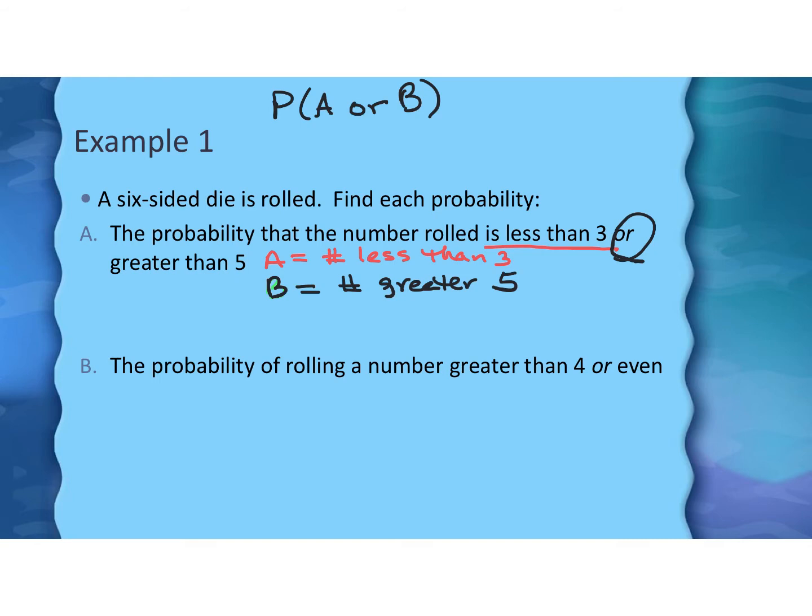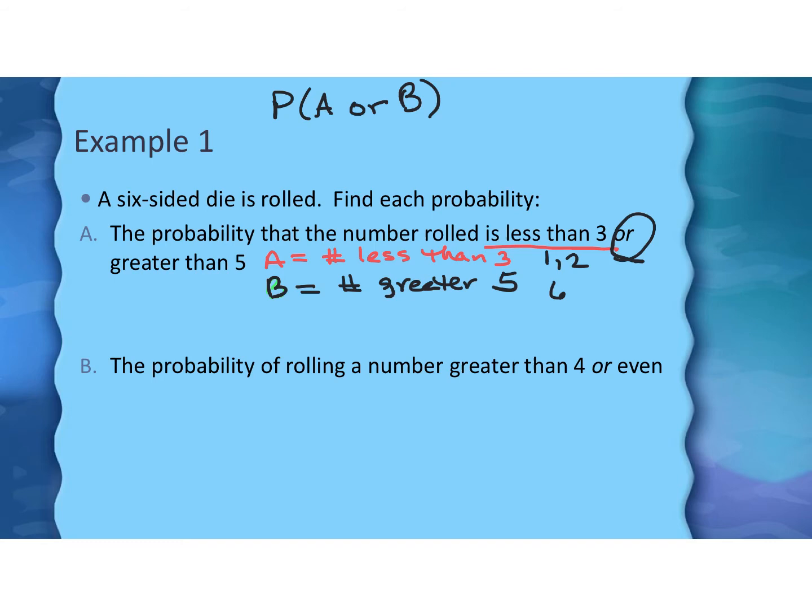Let's list the numbers that are in event A, or the outcomes from event A. So numbers that are less than 3 on my number cube, those are going to be the numbers 1 and 2. Then the numbers that are greater than 5 for event B, that's going to be a 6.